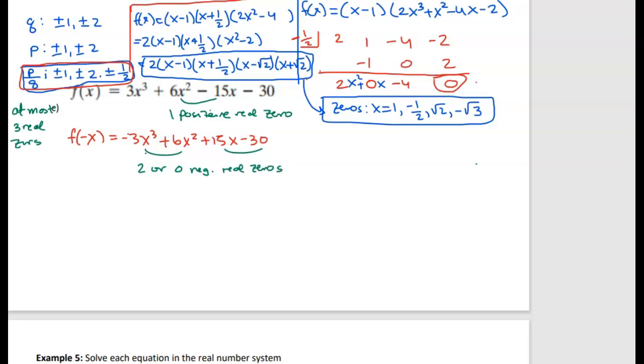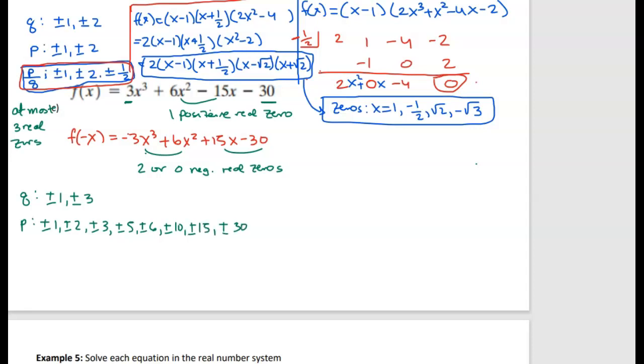Okay. Let's list them. So we got to list the factors of these. All right, so my q's are factors of 3, plus or minus 1 and plus or minus 3. My p's are factors of 30, so plus or minus 1 and 2 and 3, not 4, 5, 6, 10, 15, and 30.